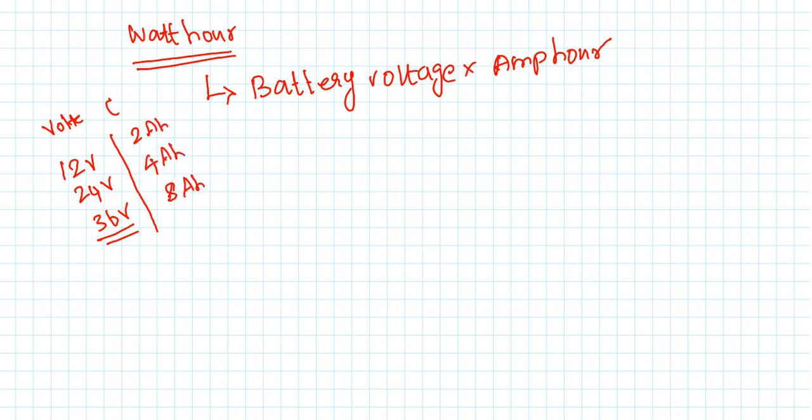For example, consider a 24 volt battery with 8 ampere hour. It is capable of delivering 192 watt hours to the appliances. So this is the meaning of watt hour rating in the battery.